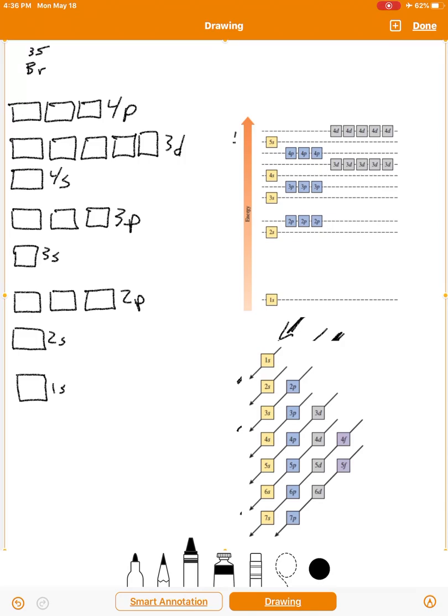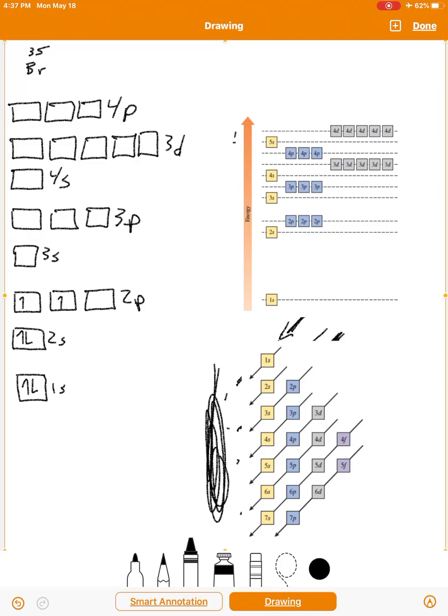Again, the order, how did I get that order? Down here, that's where I figured it out. We start at 1s, just move to the left, 2s, 2p, 3s, 3p, 4s, 3d, 4p, 5s, so forth and so on. Okay, 35. Maximum of 2 electrons per orbital. That's the Pauli exclusion principle.